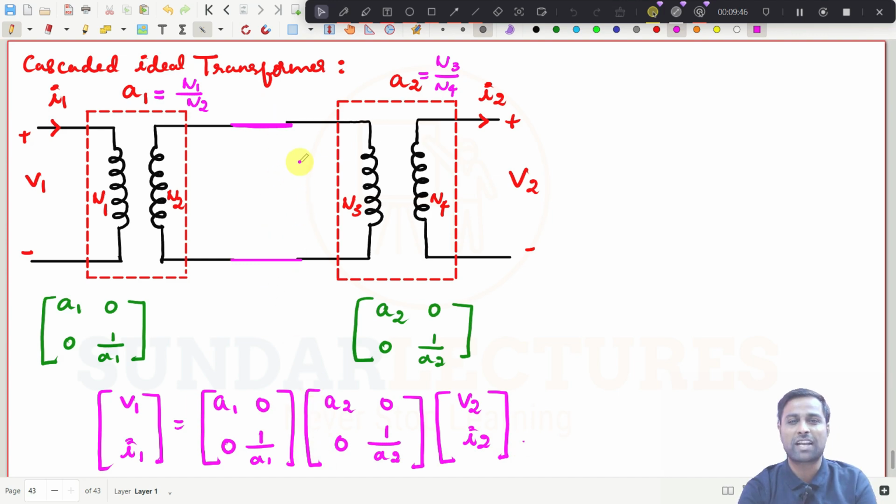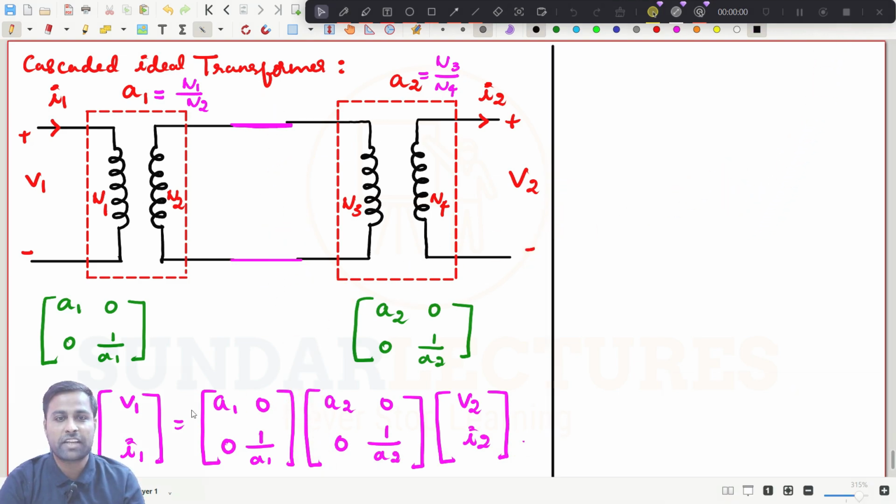Why? Because this is connected in a cascaded manner. Now, how will you write this one? This is V1 and I1 in matrix form, so this can now be multiplied.